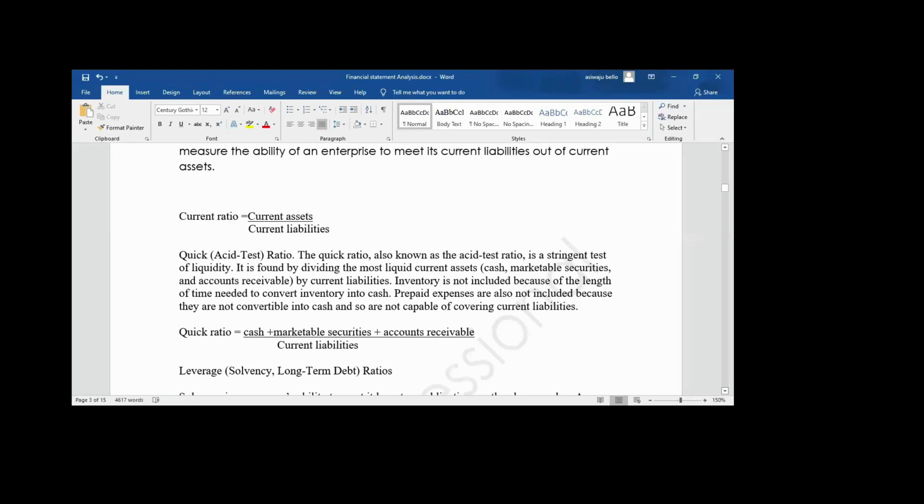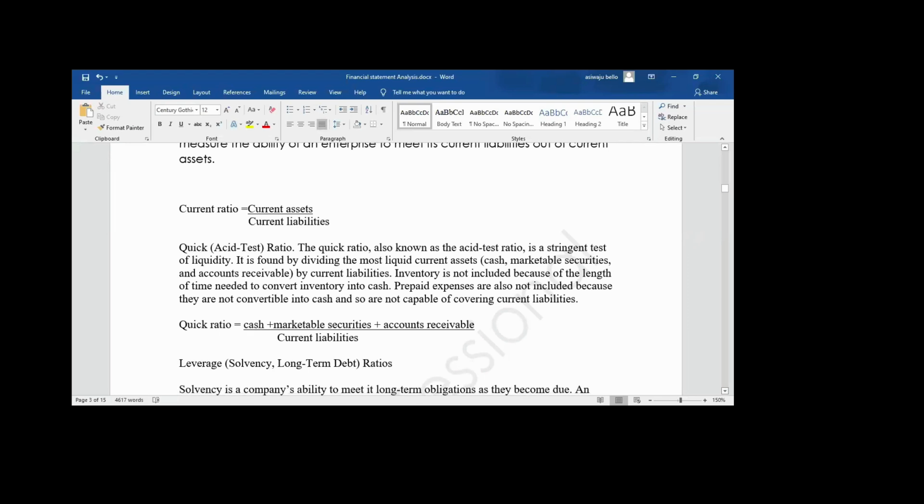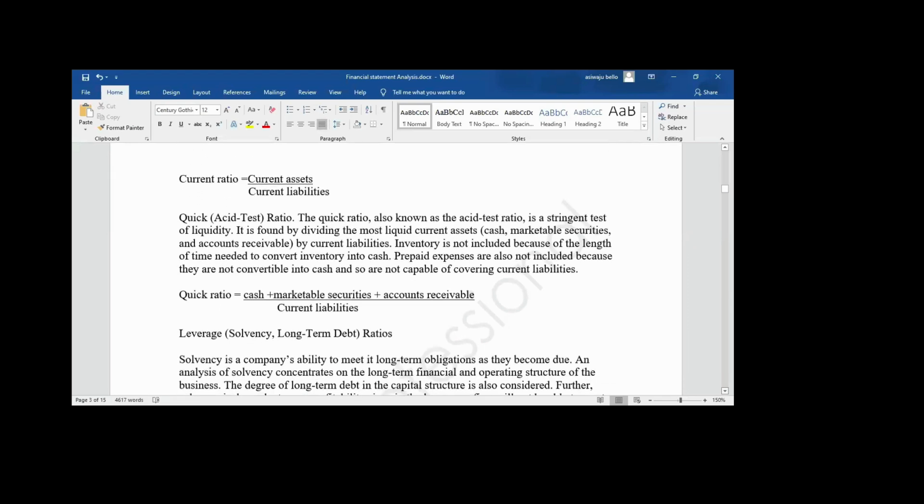We also have solvency ratio. That is leverage ratio, number 2. I've brought these two together. I want to explain them together. Your leverage ratio is also called your financial risk ratio. Solvency is a company's ability.